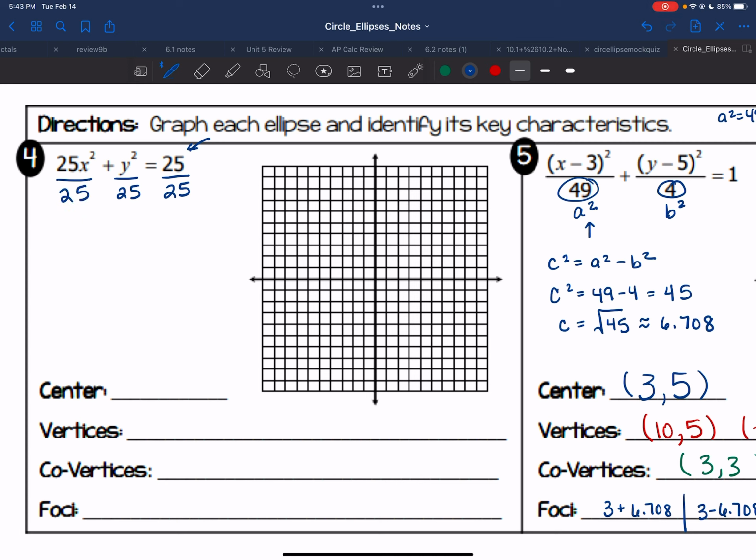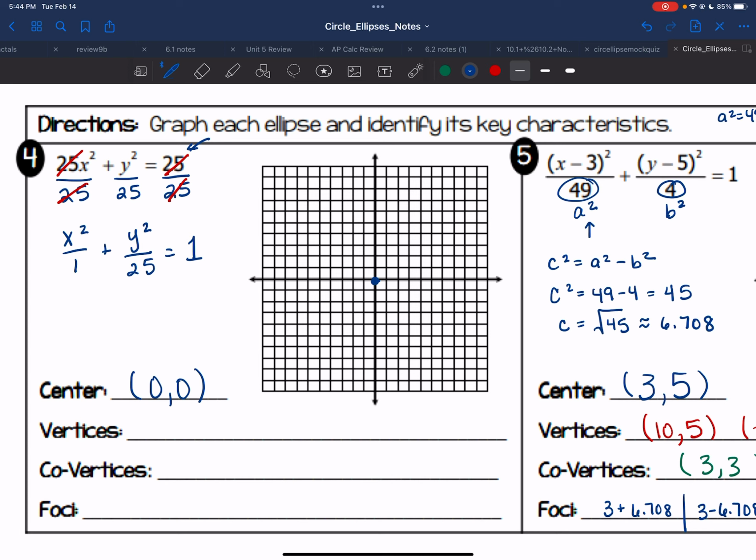When I do that, those get canceled and these get canceled. So I'm left with x squared over 1 plus y squared over 25 equals 1. So my center, because I don't have a shift on my x or y, is going to be 0, 0. So that's a pretty easy way to look at it.